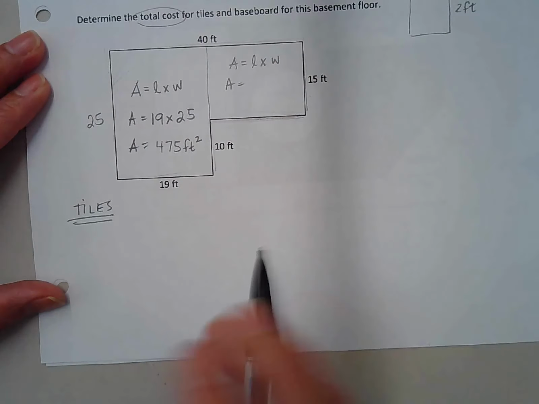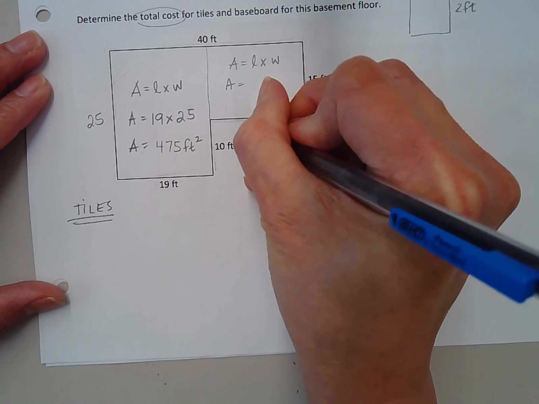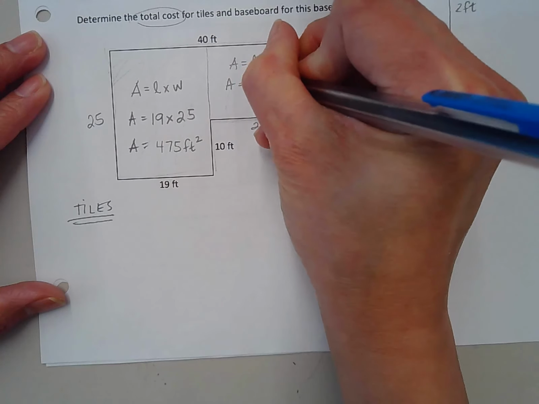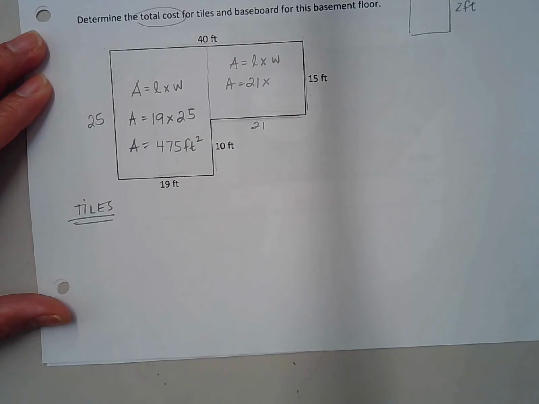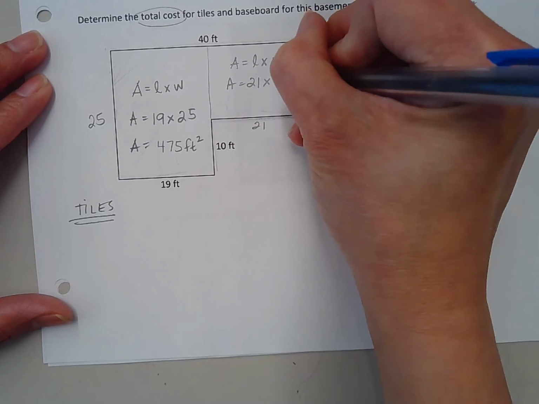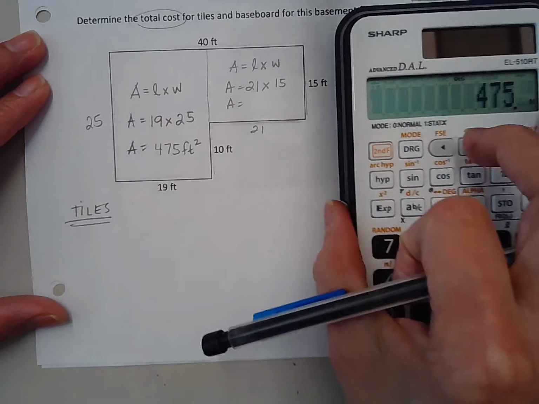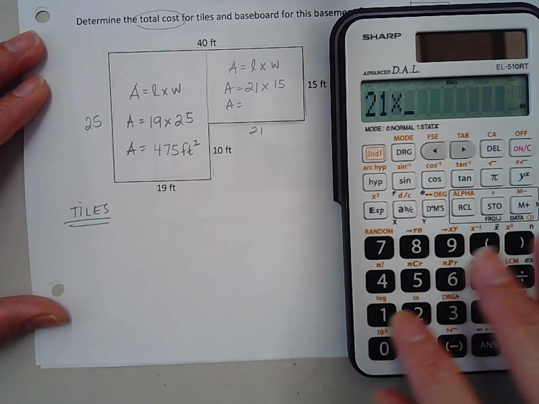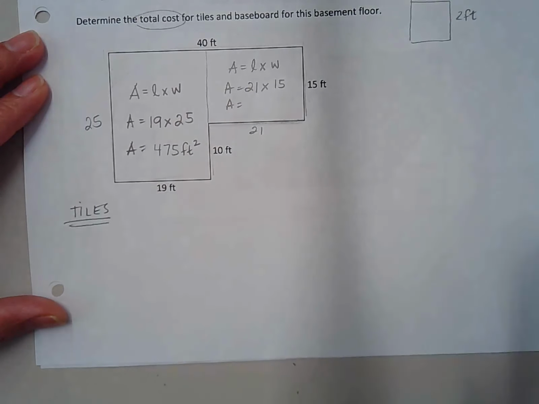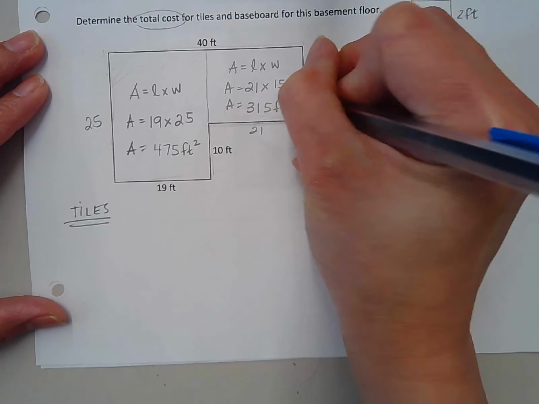Yeah, 21. Times the width, 15. So the area of this part here is 21 times 15. So 315 square feet.